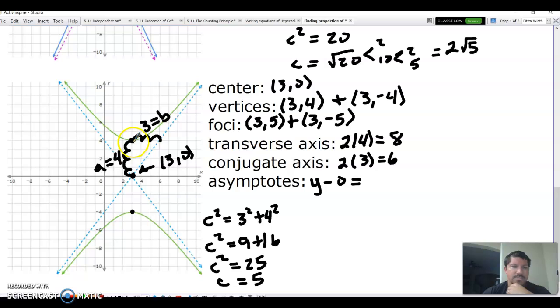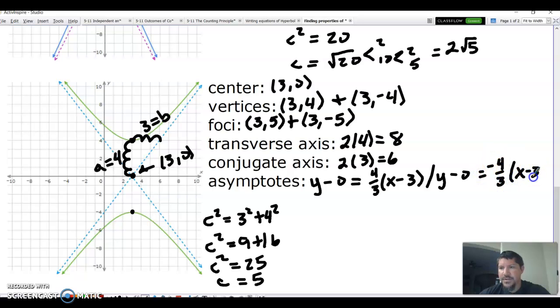So rise is 4, run is 3. So that's going to be 4/3 x minus 3, and y minus 0 equals negative 4/3 x minus 3. Alright, so that's that one.